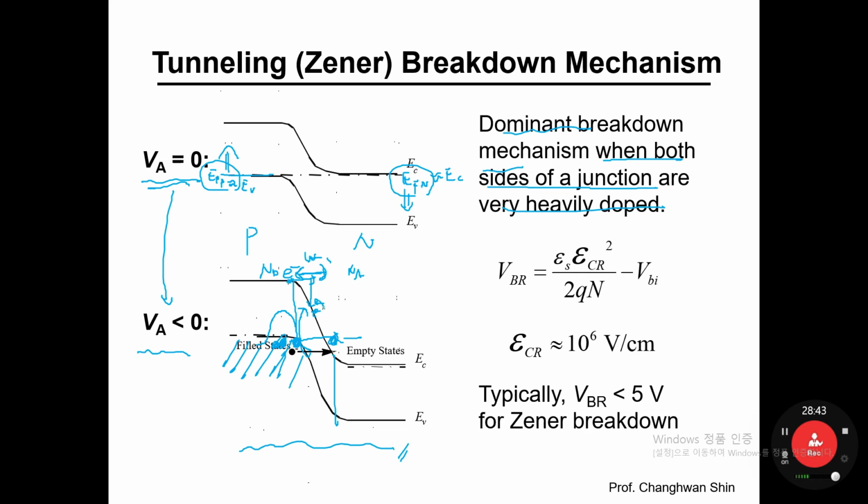That mechanism can happen in a p-n junction diode when either side of the junction is heavily doped or neither side is heavily doped. So again, the Zener breakdown mechanism is only valid when both sides of the junction are very heavily doped.